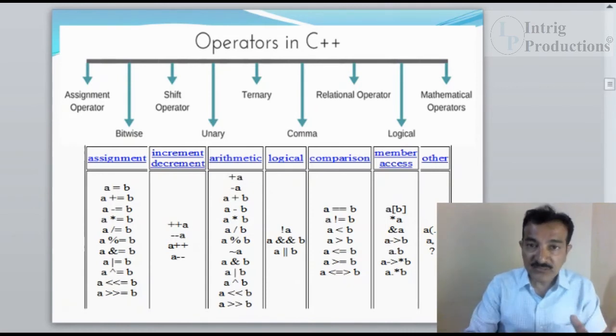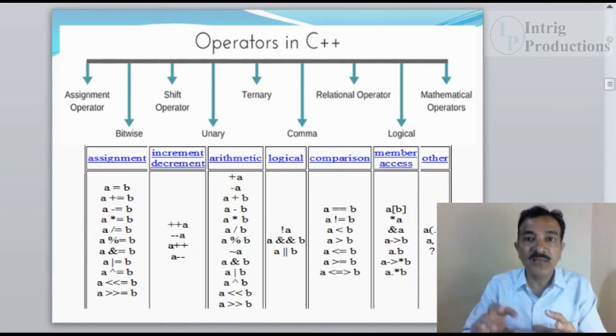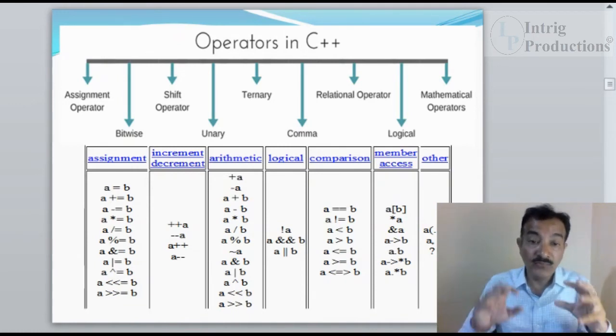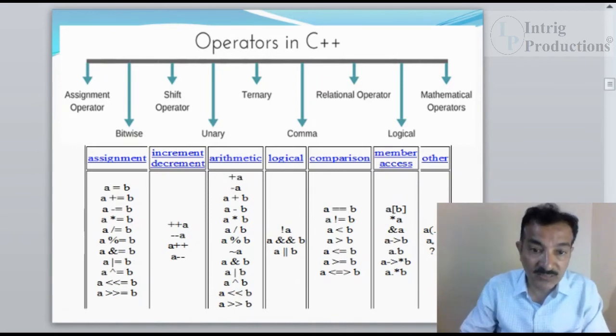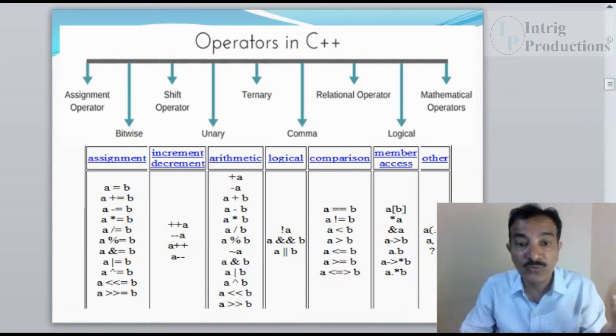If a is 2 and b is 2 and you make a minus equal to b, so a value becomes 0. If a is 2 and b is 2 and you have a multiplication equal to b, then the a value is going to become 4.